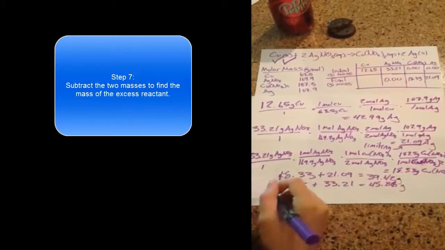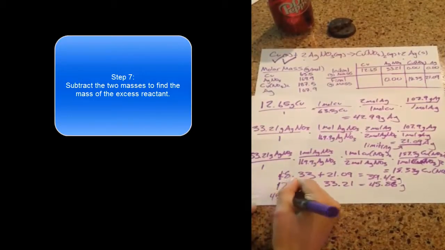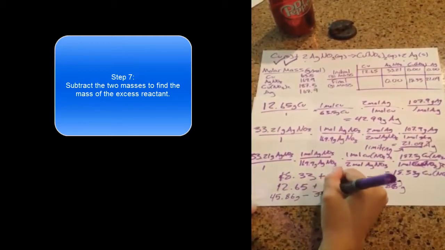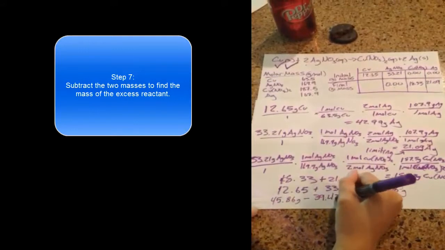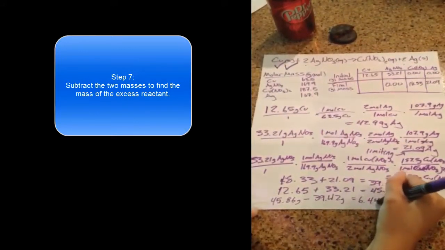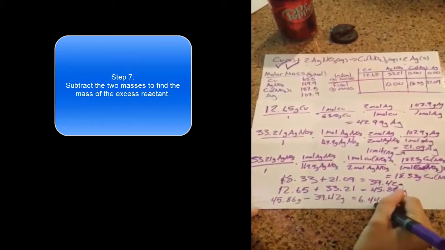As you can see, after subtracting the 39.42 grams from the 45.86 grams, you get 6.44 grams of copper, as shown here. After finding this, you have found all necessary components in the problem.